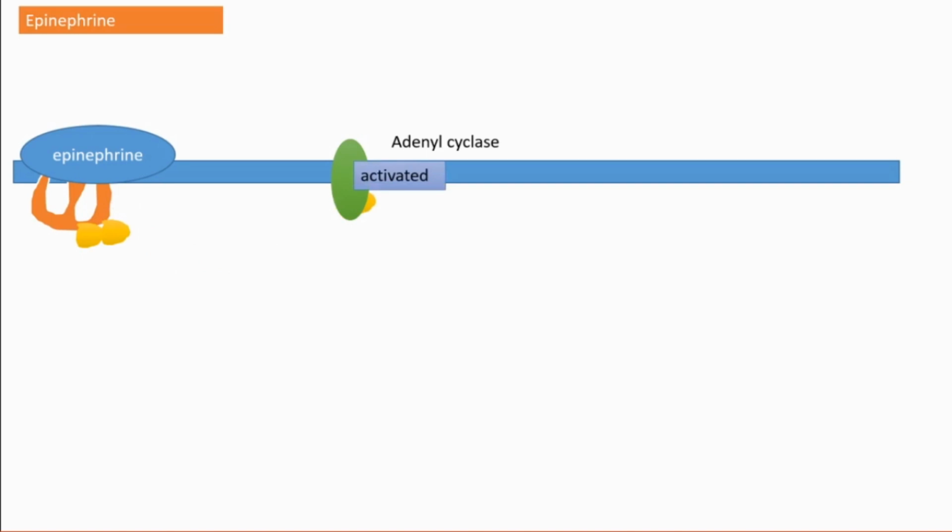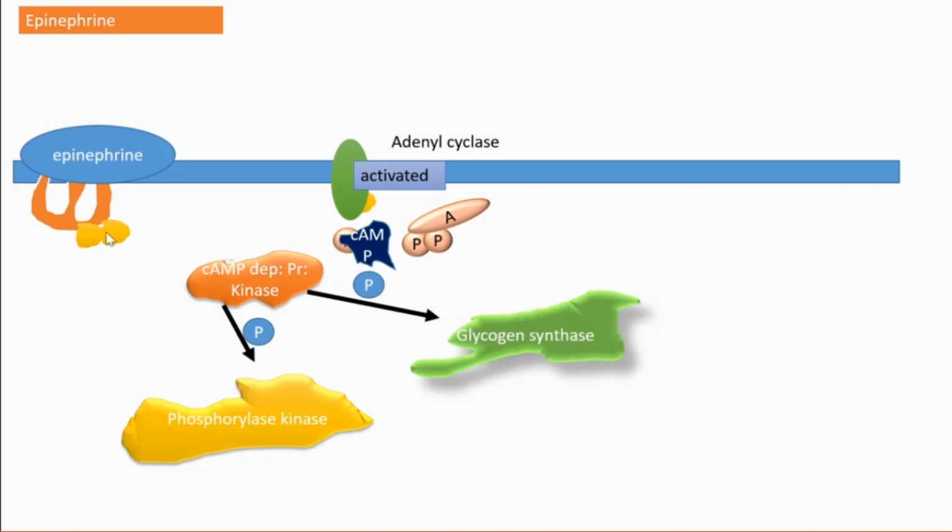The second messenger cAMP gets activated, and cAMP in turn activates another protein kinase called cAMP dependent protein kinase. And it in turn phosphorylates two other enzymes, glycogen synthase and phosphorylase kinase.